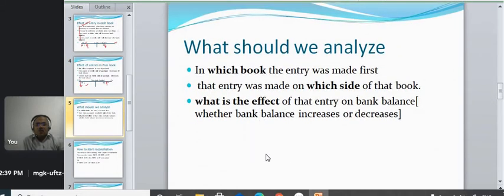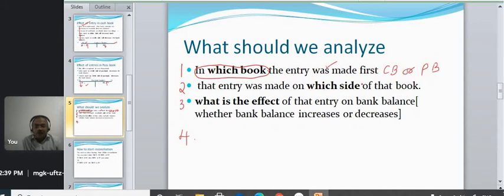Now, before we go analyzing, we have a few points to discuss: point number 1, point number 2, point number 3, and point number 4. Before you do reconciliation, your job is to analyze in which book the entry was made first, whether in the cash book or in the passbook. A student has to understand this.